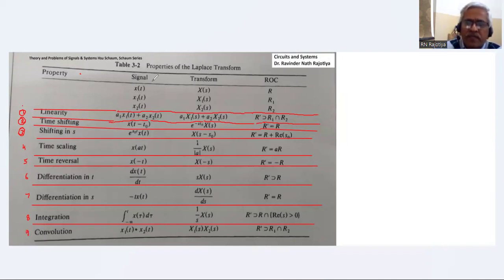Herein I have taken the signal as x(t), for which its transform is X(s). x1(t) is a time domain signal, for which we will refer to its counterpart in the S plane as X1(s).